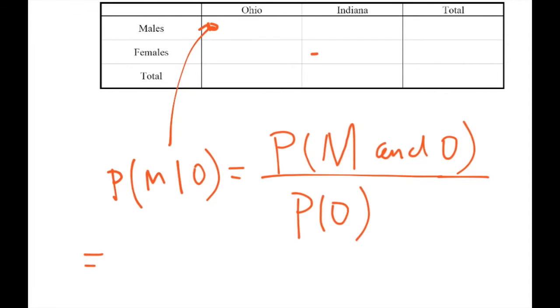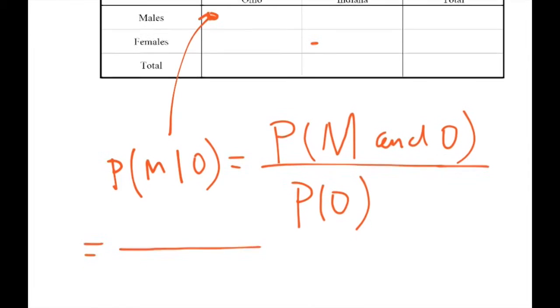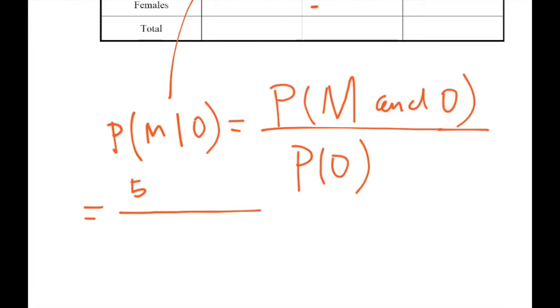So this is equal to, remember the count of a person who is male and from Ohio is 574, divided by 1,000 because we're looking at the probability, and then the count of Ohio people is 703, then divided by 1,000.